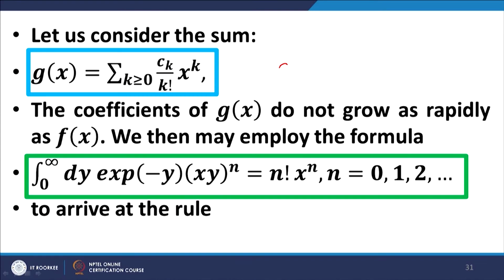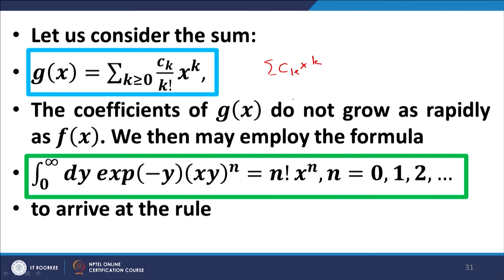Remember, our original series was the summation of c_k x^k, and we had a problem with the coefficients c_k. They were growing super exponentially, of the order of k factorial. Now what we do is divide c_k by k factorial.